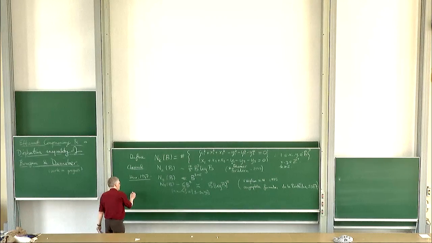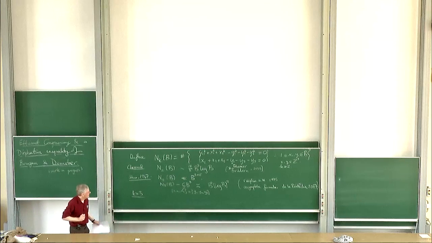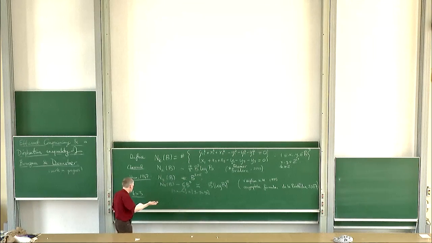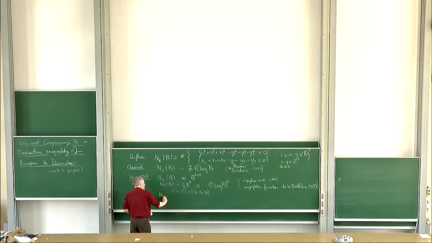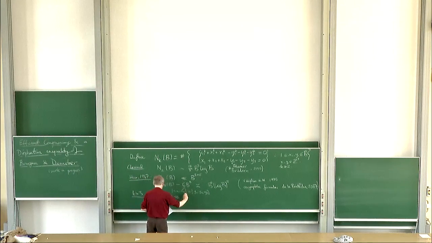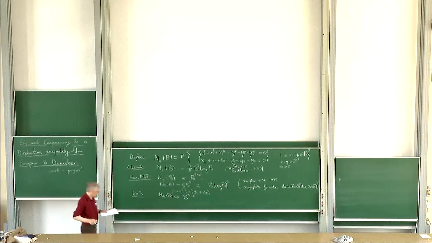So if you look at the situation where k is greater than 3, and here I'm not aware of any result until the early 1990s, although it would have been easy to prove something. In this situation, it's fairly easy to show that N_k(B) is growing no more rapidly than B to the 3 plus epsilon for any positive number epsilon.